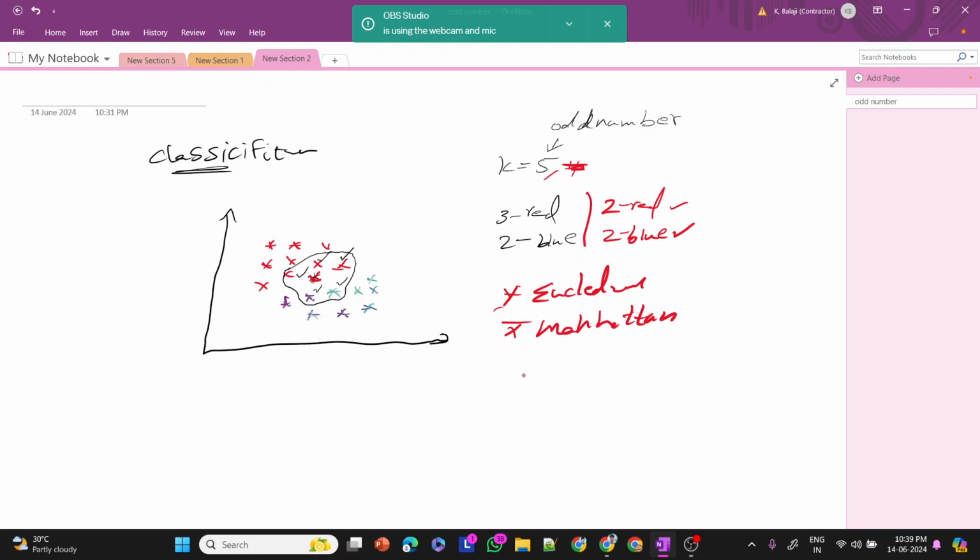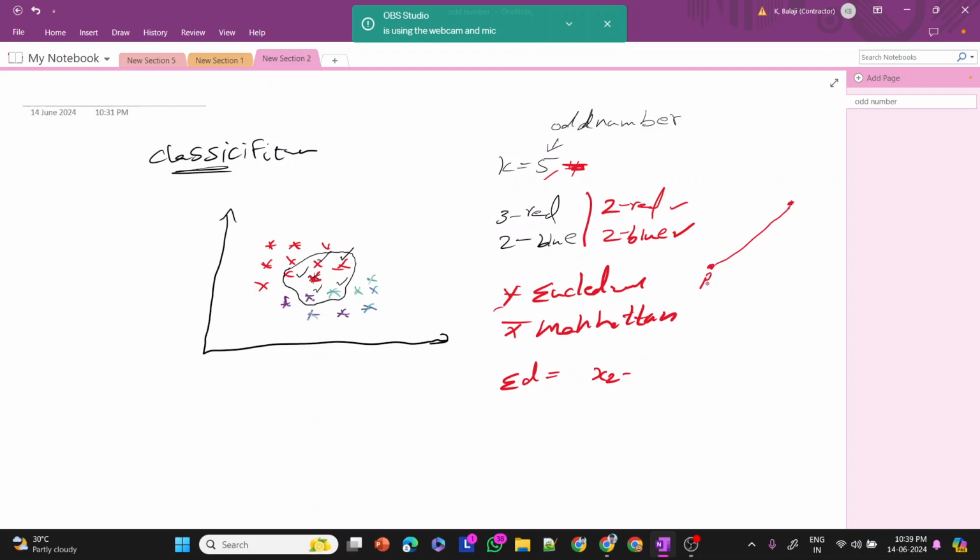For Euclidean distance, let's take here is 1 point and here is 1 point. To find the distance between these 2 points, the Euclidean distance will find a direct distance between them, from this to this.